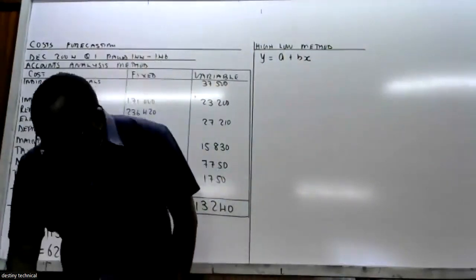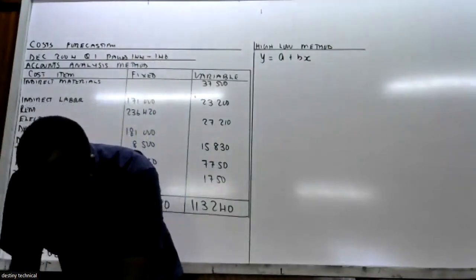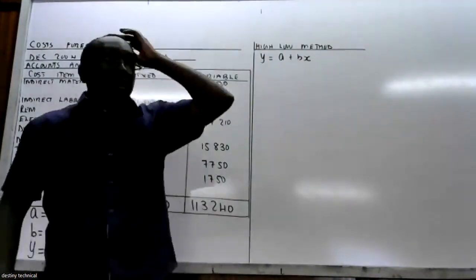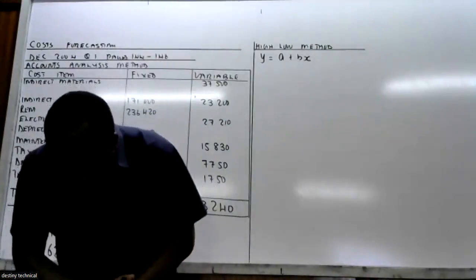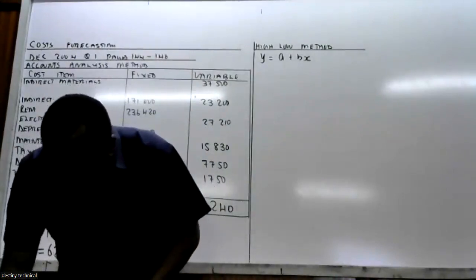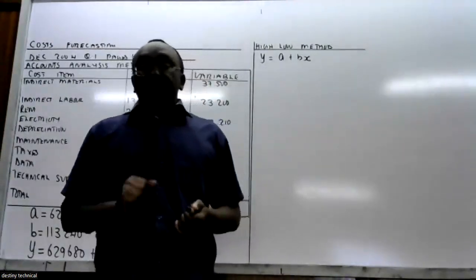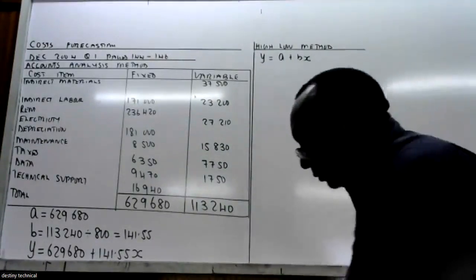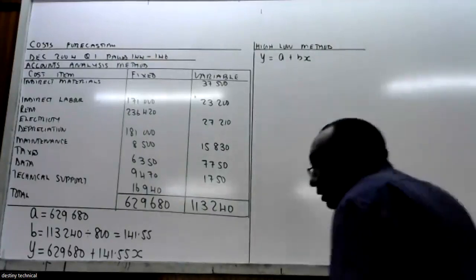Now, you will go to the information that is on information 3, and when you get there, I want you to look at the column for the units and you tell me the highest number of units. 98,000.